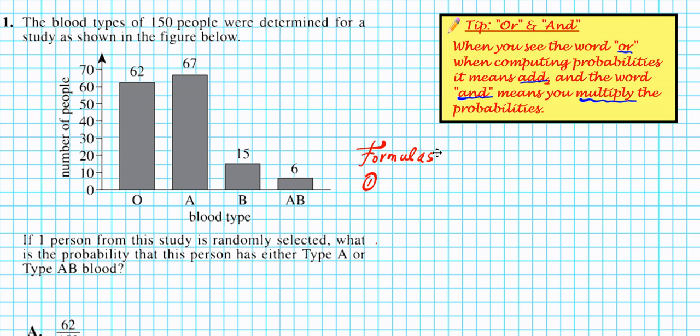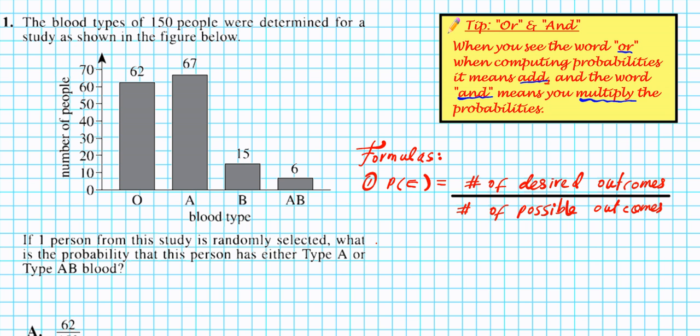The probability of an event occurring is the number of desired outcomes, what you want, divided by the number of possible outcomes. So this is the formula for calculating probability.